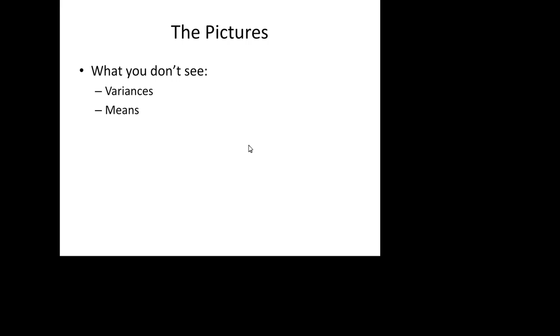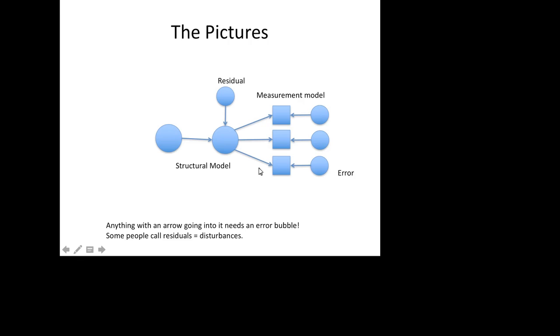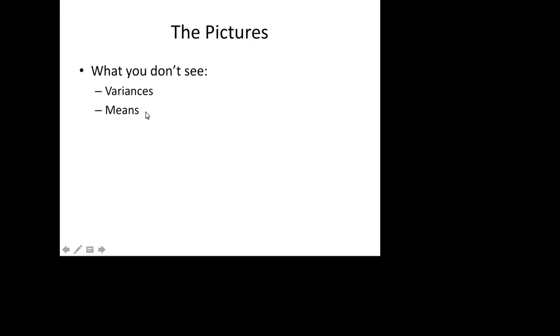So variances between all of these items are estimated to help calculate these different terms. And you can also estimate means for each one. And so when you're calculating degrees of freedom, this is something you have to remember, that even if you draw your picture with all of your error terms, there are other things that are getting estimated in the background that you've probably forgotten about.